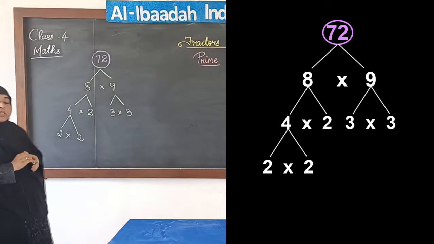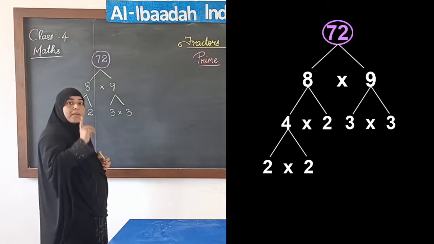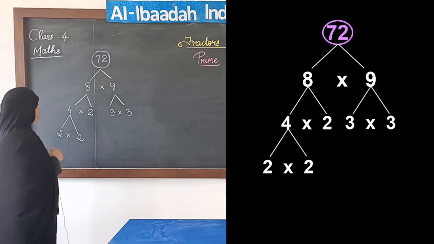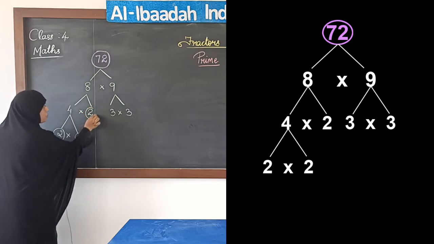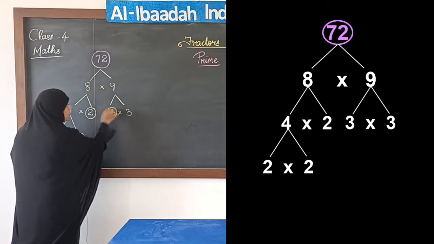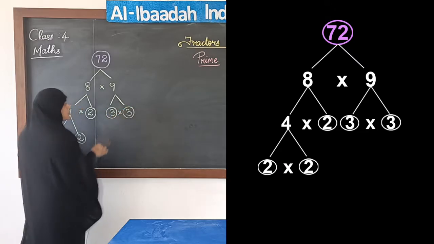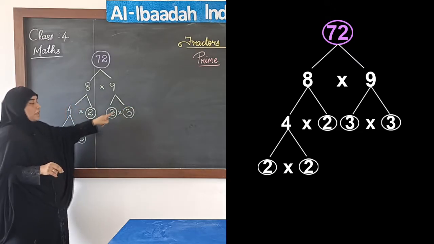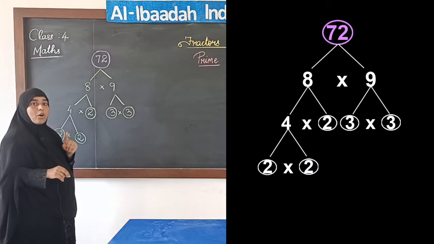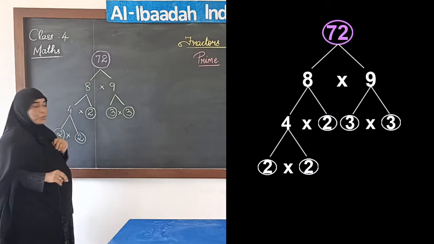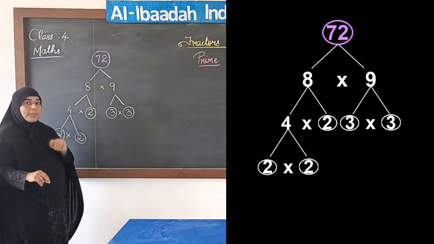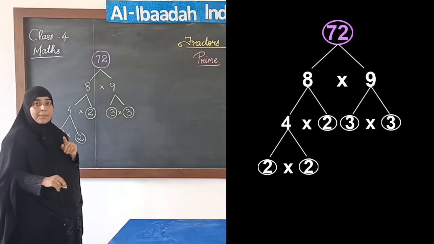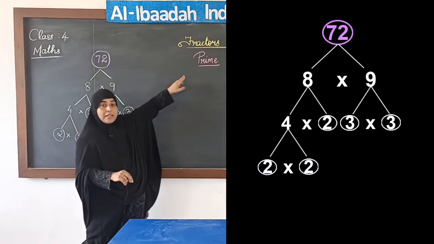Now, we are going to circle only the prime numbers over here. Which are the prime numbers here? You can see this 2, this 2. Here we have one more prime number. We have another prime number here and here. The numbers that I have circled are the prime factors of 72. The other factors that you see, 8, 9, 4, are not prime numbers, they are composite numbers. But we are doing prime factorization, right.